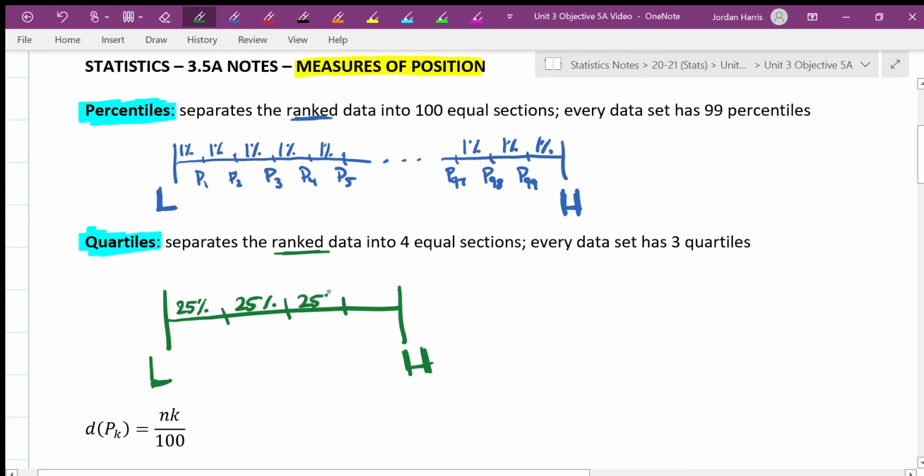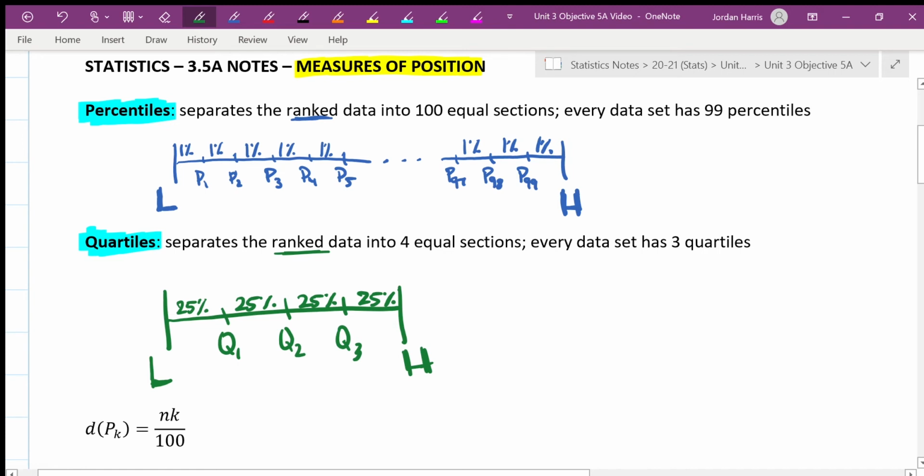And so you can see that you use 1 less value to break it up into that many sections. So 3 values here broke it up into 4 sections. So this is quartile 1, quartile 2, and quartile 3, with 25% of the data within each section.